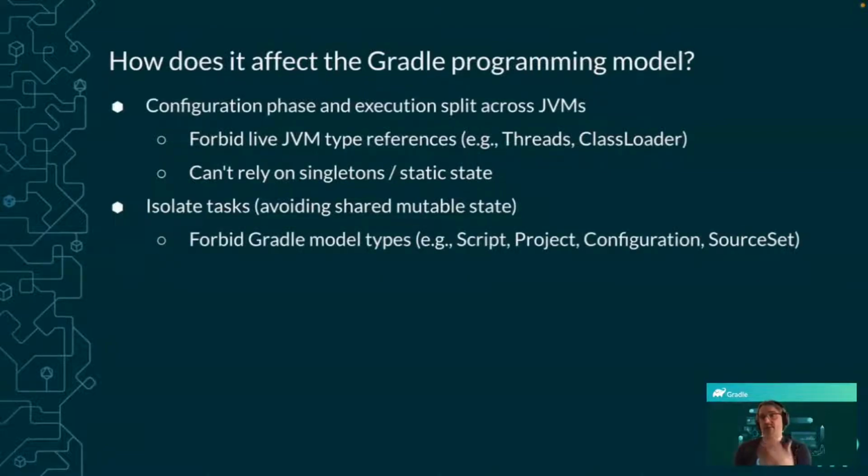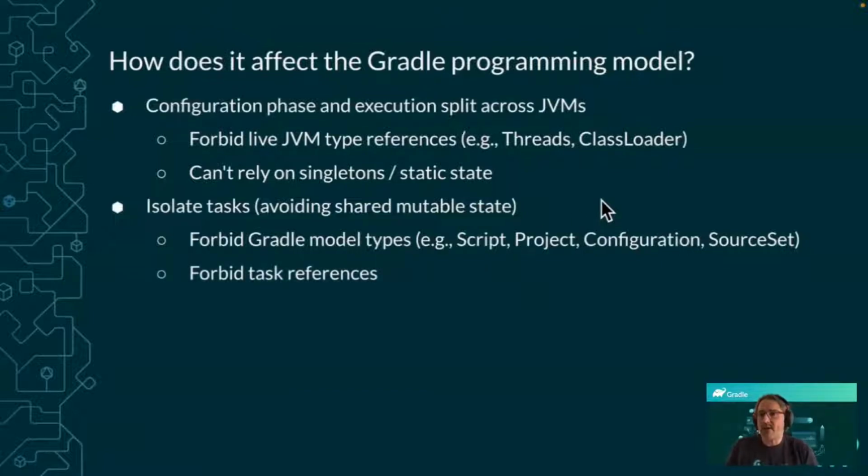Things like the Gradle model types, like scripts, projects, configurations, source sets, or dependency resolution types, at least the classical ones, cannot be referenced by tasks because otherwise tasks would be able to interfere with each other.